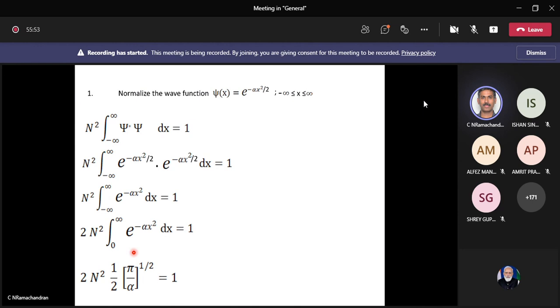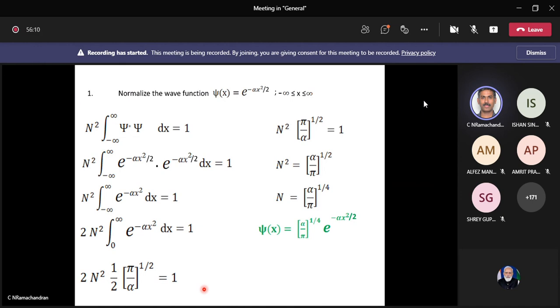So if I substitute here, 2n square into this integral value should be equal to 1. And if you simplify that, you will get the value of n as this. Now your wave function psi of x is equal to this into this. This is a constant times your wave function. This is a normalized wave function.